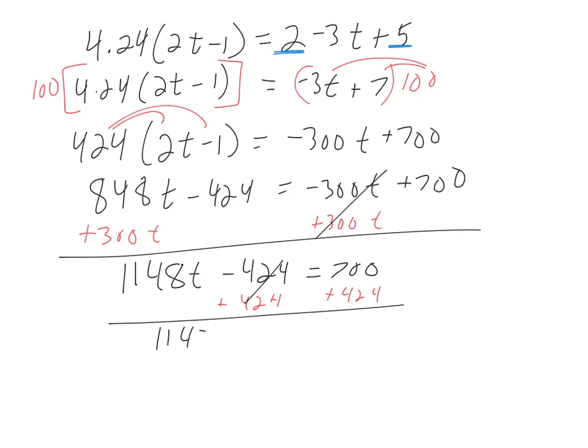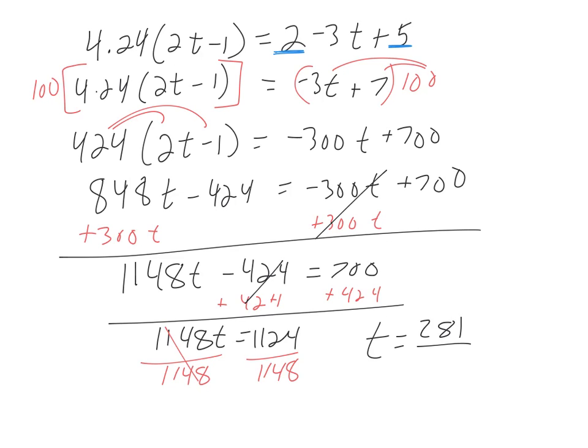That's 1148t equals 1124. Finally, I'm going to divide out by 1148, and that can simplify. 1124 over 1148 can simplify to 281 over 287. And if you're confused as to how that can simplify, again, hit pause and call your teacher over.